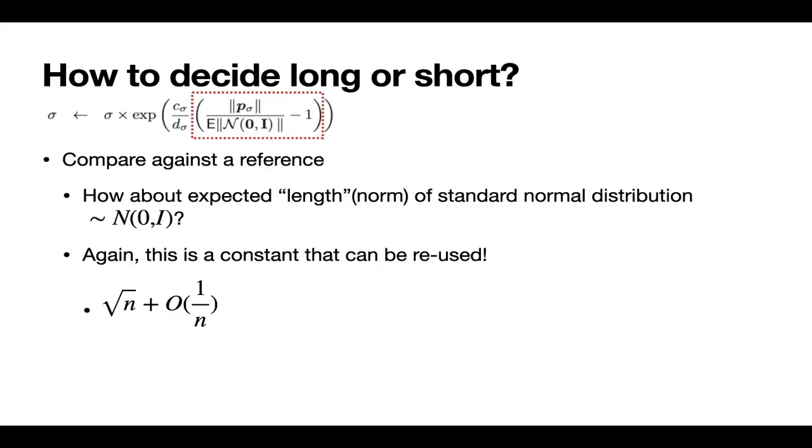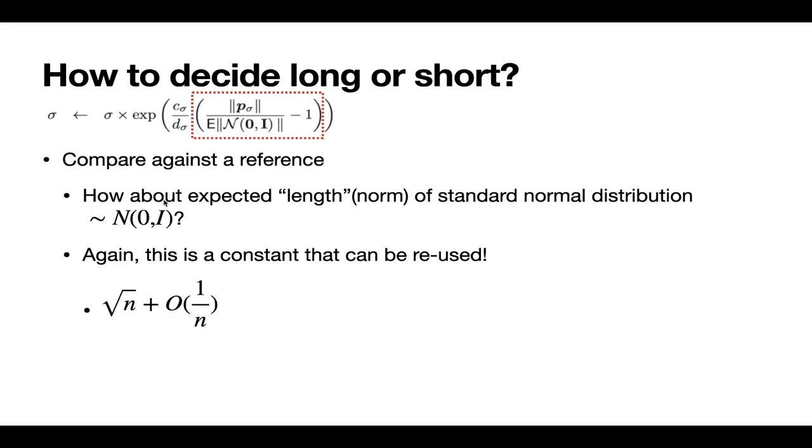And in order to decide whether or not the vector sum of the evolution path that we have computed can be considered as long or short, we need to compare it against some sort of reference. And in the case of CMA-ES, this reference is actually the expected length of the sampled vectors taken from a standard multivariate normal distribution. So a distribution with zero vector as the mean and the I matrix as the covariance matrix.